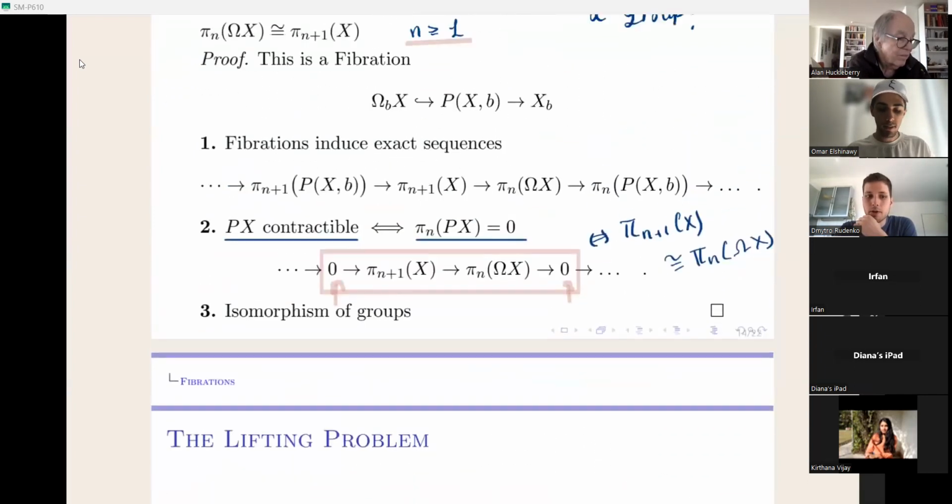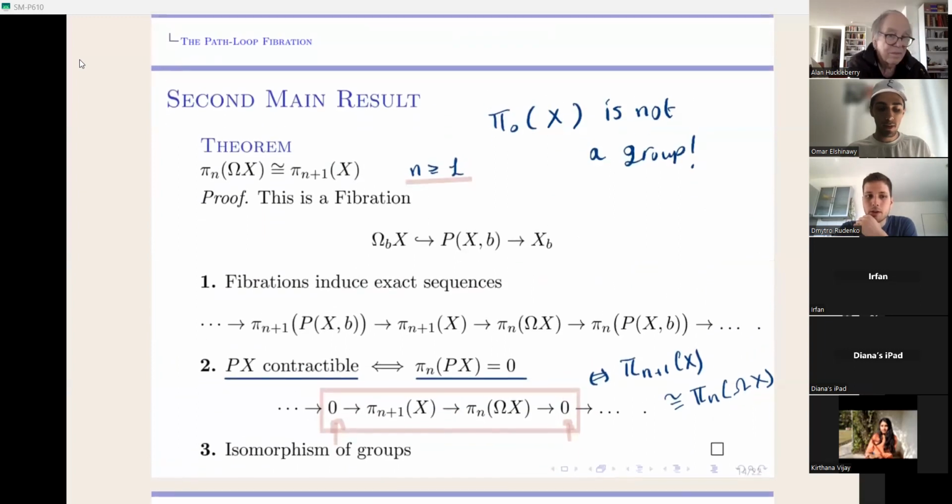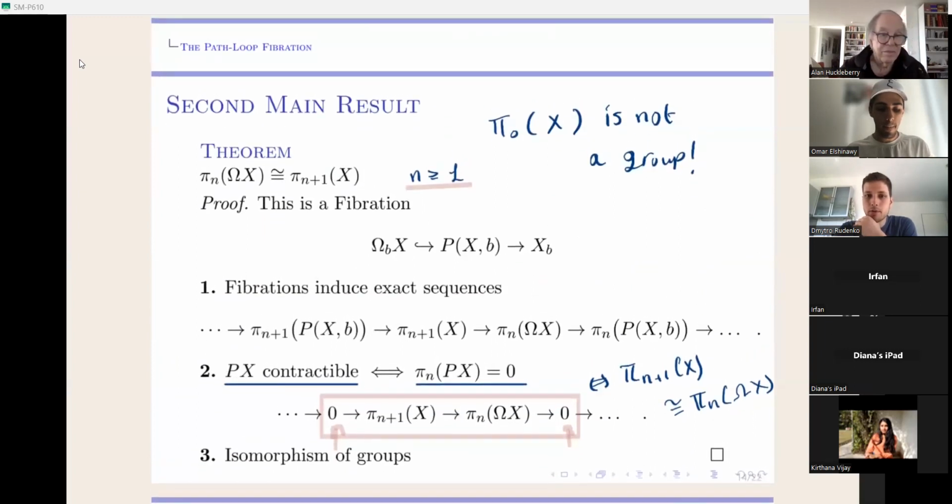Just a slight remark. In fact, that can also be interpreted for n equals 0 in this particular case, because it's not, of course, a group, pi 0 of omega x, but if you take pi 1 of x, or am I saying something weird? Wait.